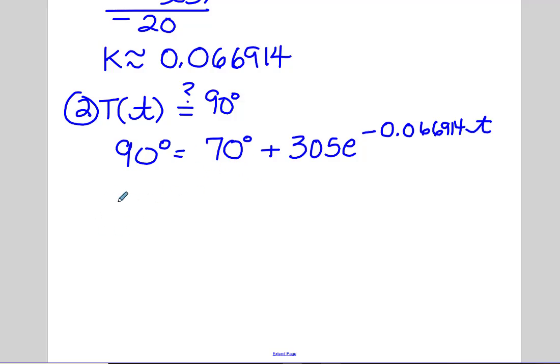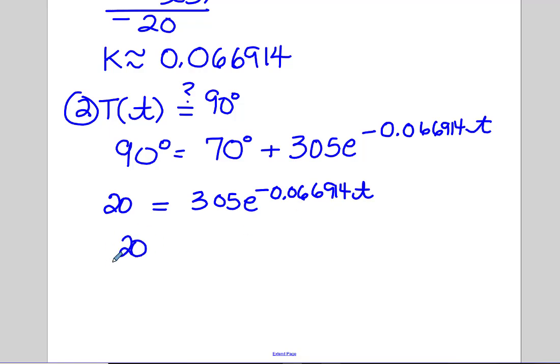So 90 minus 70 leaves us with 20. And we've got 305 e to the negative kt power. So divide 20 by 305, and we want to take the natural log of that.